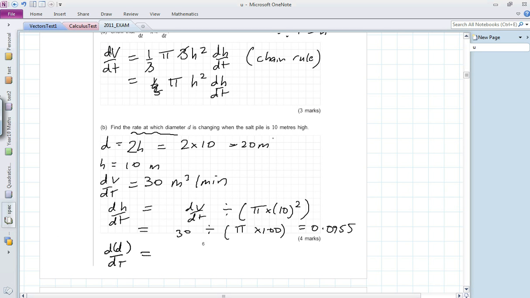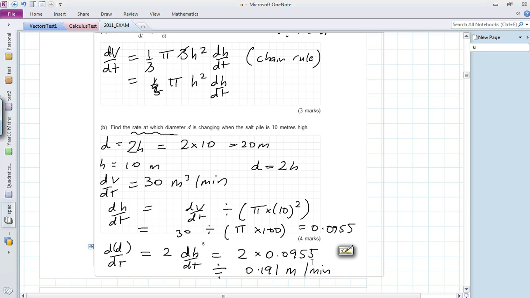And again, we can use the fact that d is equal to twice the height there, and so it's going to be twice the rate of change of the height, 2 times 0.0955, which, when we do our calculations, is 0.19 meters per minute. Okay, and that pretty well wraps up question 5.